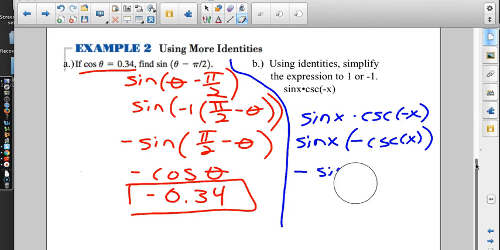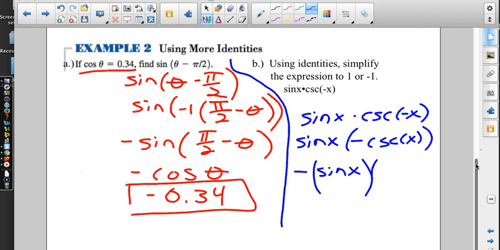And now I start thinking about other identities that I know. And I think, wait a minute, cosecant. Cosecant is what you get when you flip sine, right? And I think of this in terms of fractions, and I realize that's all going to cancel out and give me a 1.